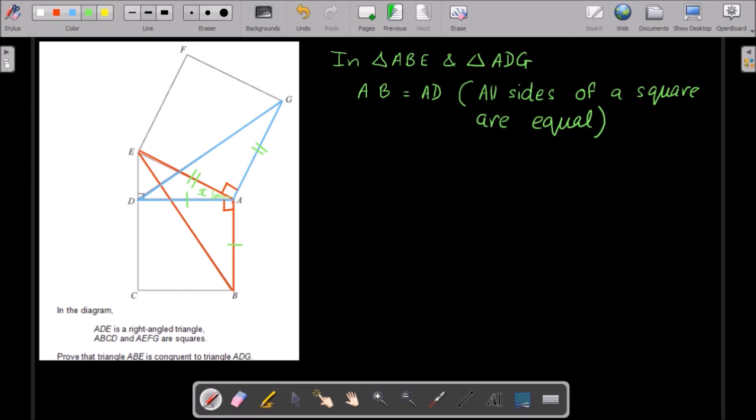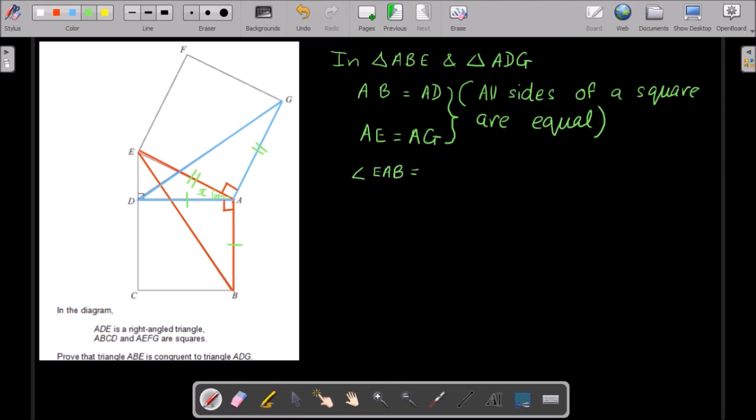And I can also say AE is equal to AG. Again, it's the same reason, so I'm just going to put a bracket for both of them so I don't have to write down the reason twice.